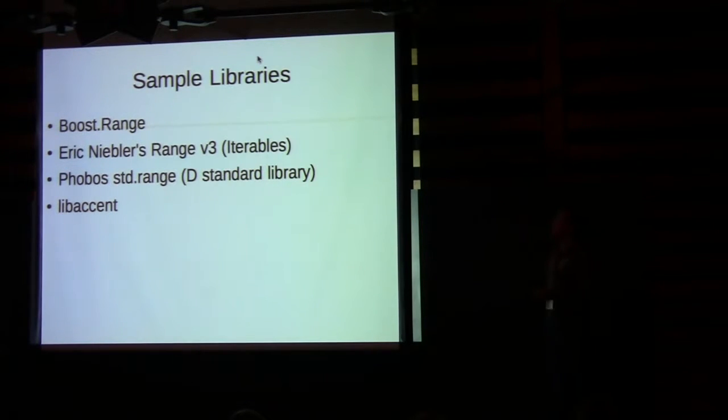Then I'm going to talk about Andrei Alexandrescu's std.range library, which is in Phobos, the D standard library. It's basically from his "Iterators Must Go" talk, the ideas implemented in D. And the last library is libaccent, which I wrote. It's kind of like Andrei's library with some modifications, and also it's written in C++.